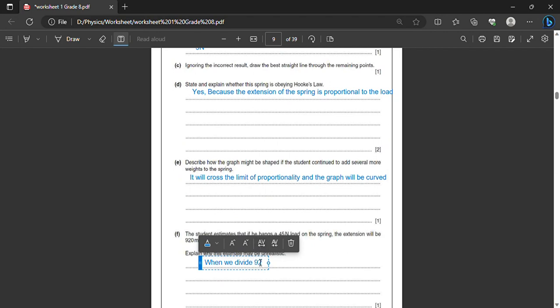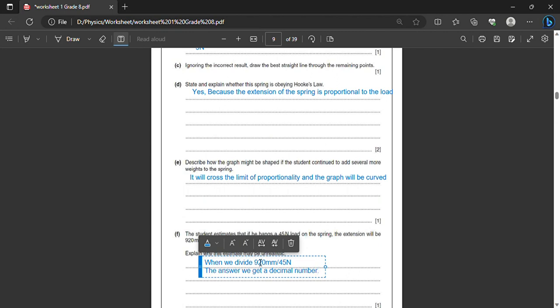When you divide 920 millimeters by 45 newtons, the answer we get will be in decimal point. We get a decimal number.